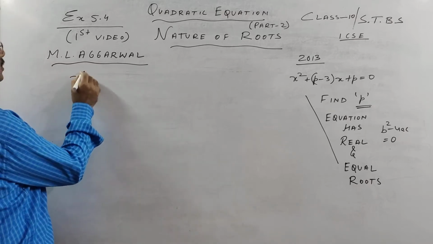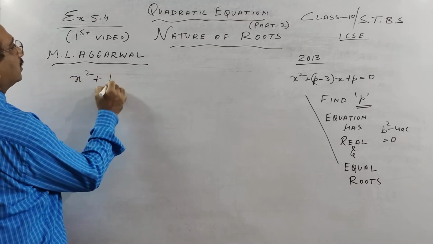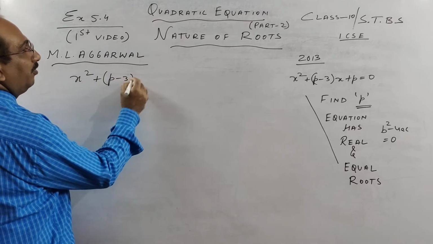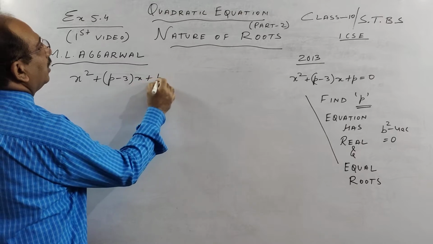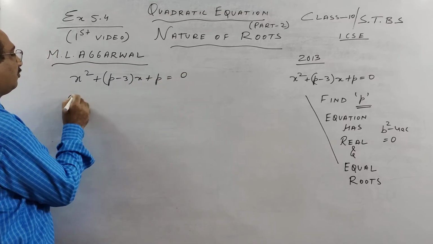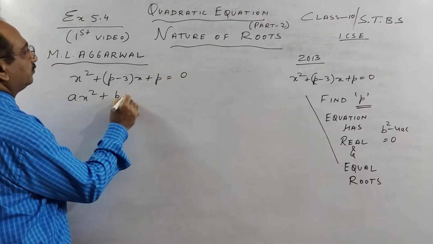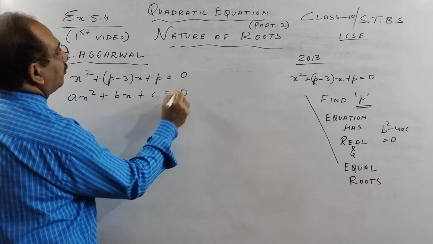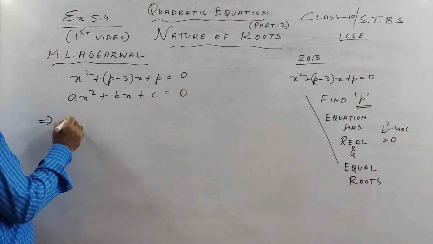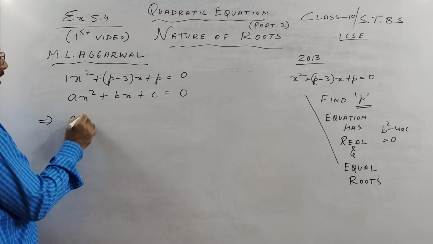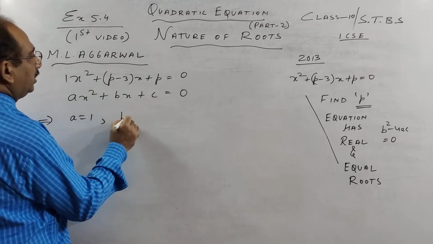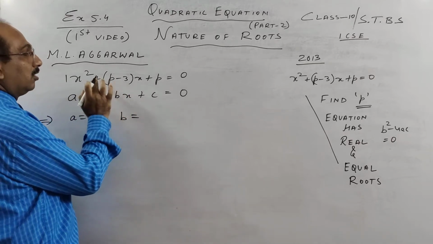So this equation, children, that is given, we compare with our standard form of quadratic equation. This is my standard form. So what I see is a is 1. For b, children, you have to take care of the sign also.